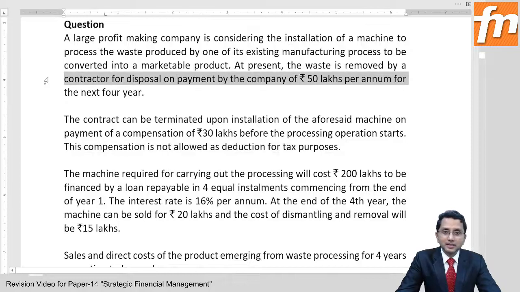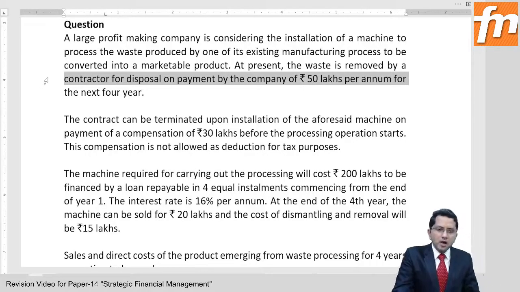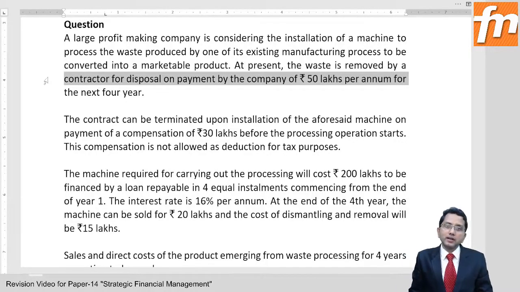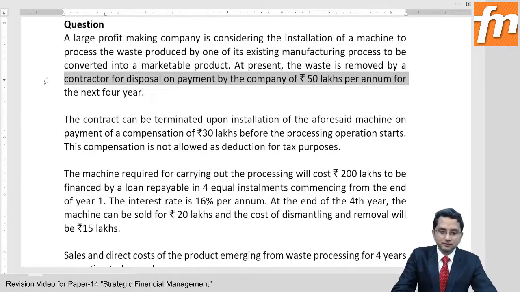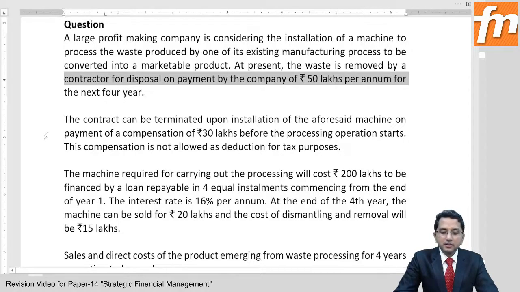But you are considering this item as inflow, as income. So you must charge tax on it. I'm not saying charge tax on it separately, but if it becomes part of your profit calculation, automatically tax will be charged on it. So far, 50 lakhs inflow for 4 years, 30 lakhs outflow at 0 year.